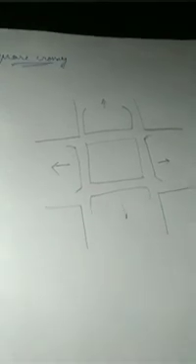These types of crossing may be used when there is less traffic on the tracks. So this is the line diagram of square crossing.